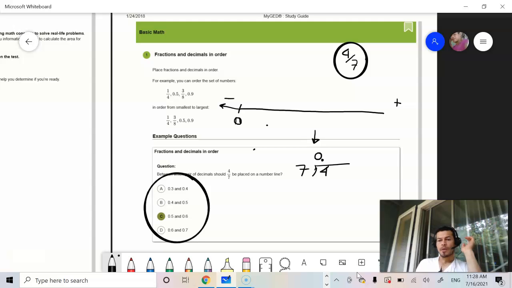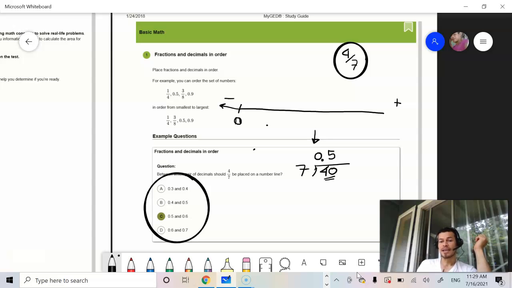So now, if I put this 0 here, then I need to place a 0 here because my goal is to make this number divisible by 7. So how many groups of 7 can I form with 40? Now, if I place here 5, I know that I can form 5 groups of 7, and that's equal to 35.